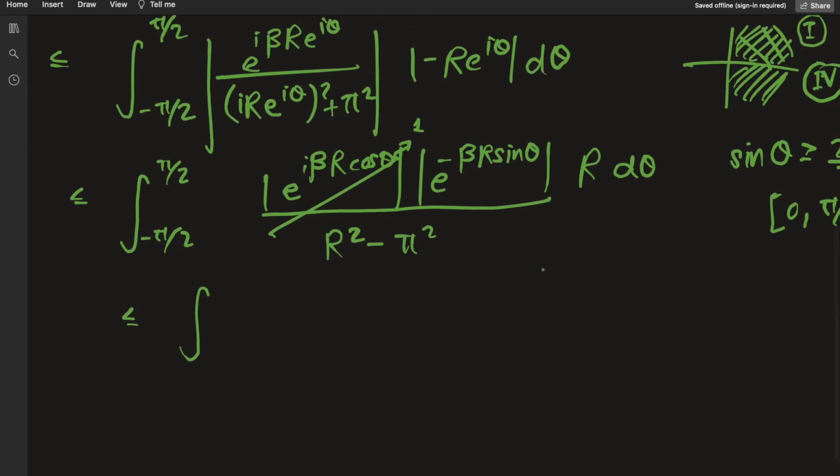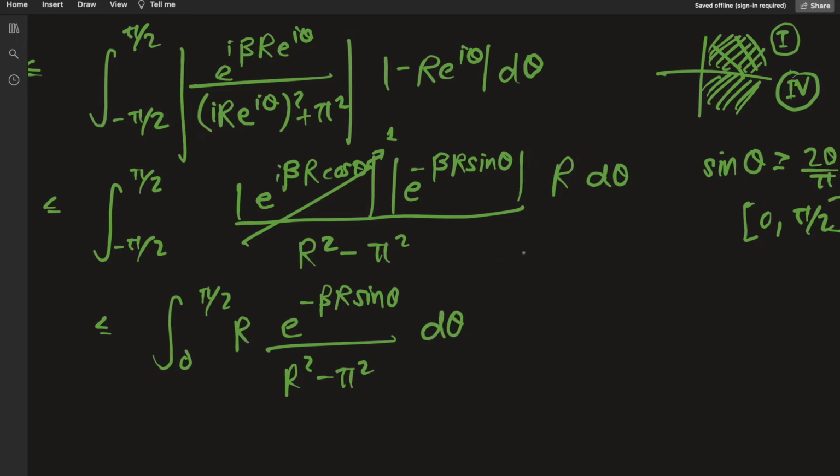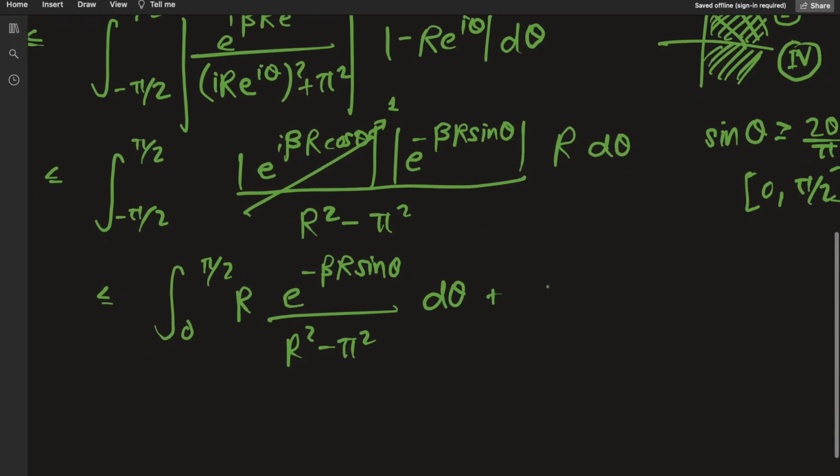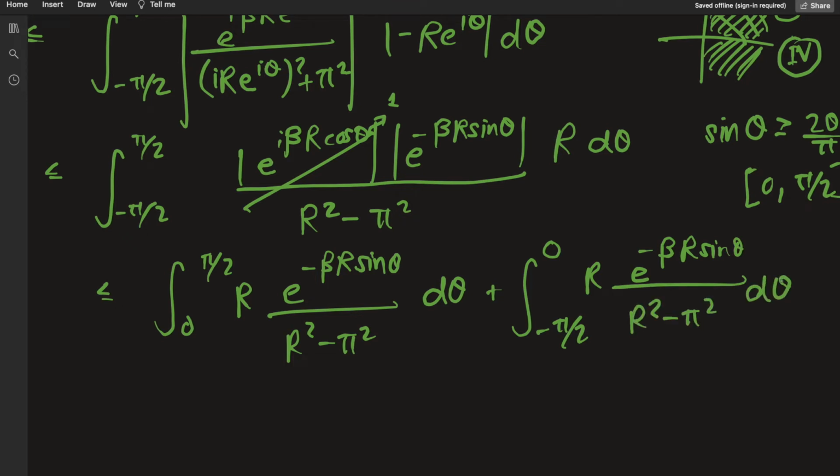But what we can do is still split this up: the integral from 0 to pi over 2 of e raised to negative beta r sine theta over r squared minus pi squared r d theta, plus the integral from negative pi over 2 to 0 of r e to the negative beta r sine theta over r squared minus pi squared d theta.